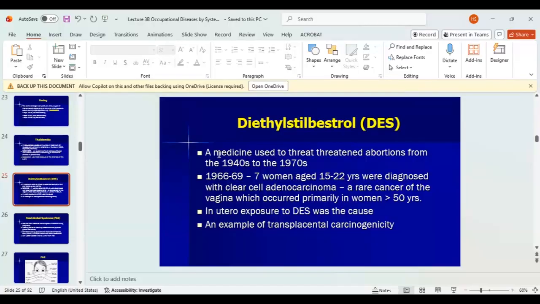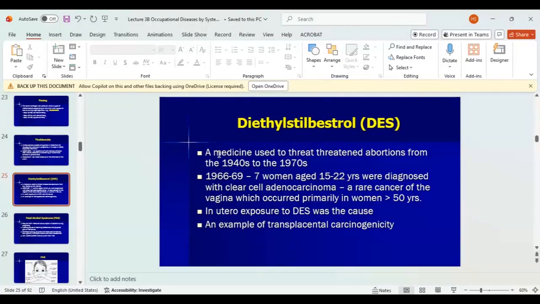Until down the road, a number of young ladies were now being diagnosed with a rare disease, adenocarcinoma of the vagina, which is a rare cancer, which usually affected older women, but young ladies, late teens, early 20s, were having this condition.